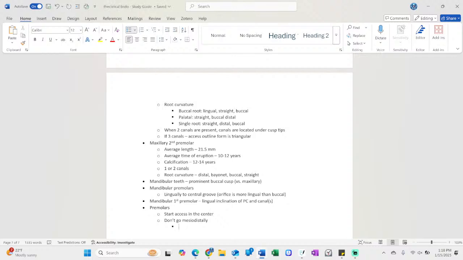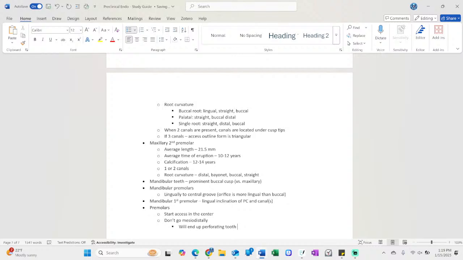Mesial distally, remember, is the smallest diameter, and if you extend your access either mesially or distally, you are going to end up what? Creating a hole, perforating. So don't go mesial distally on any anterior or any premolar. Stay in the center and extend buccal palatally.